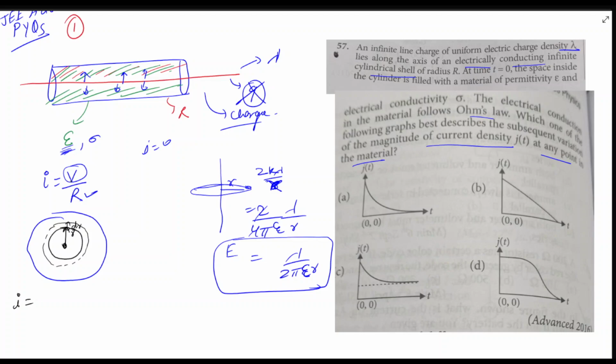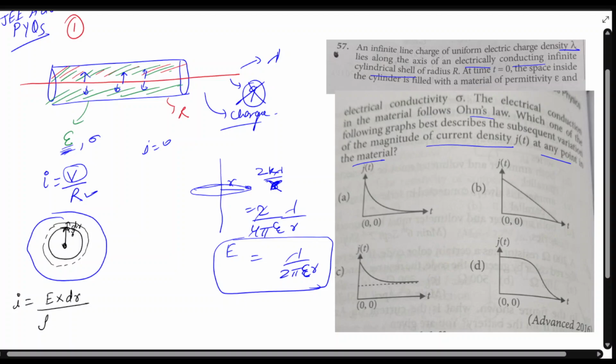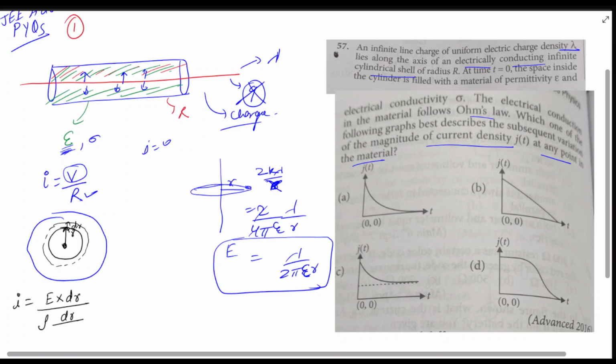So current will be V, and V will be E into dr, divided by resistance, which is resistivity times length, so it is passing through dr, upon area. So what will the area be? Look, the area we have to take is the surface area.